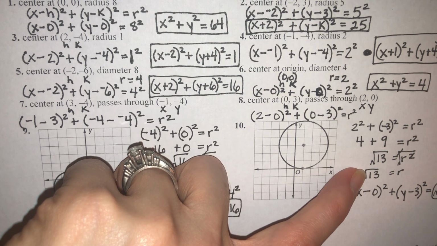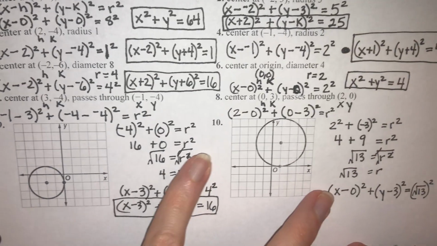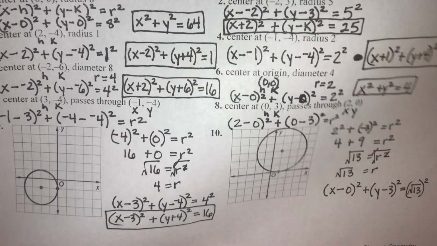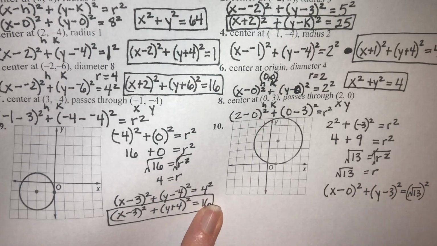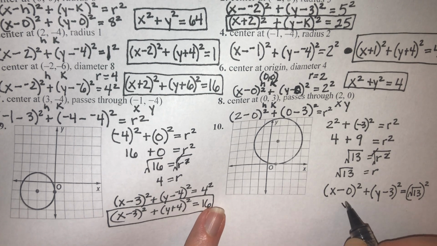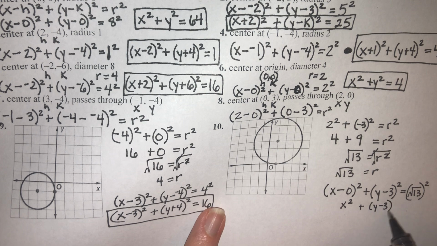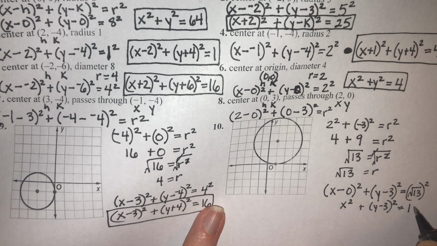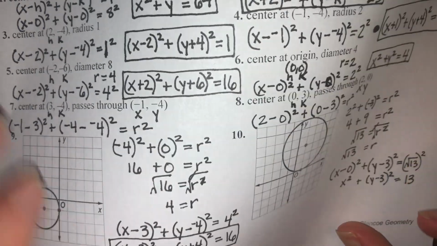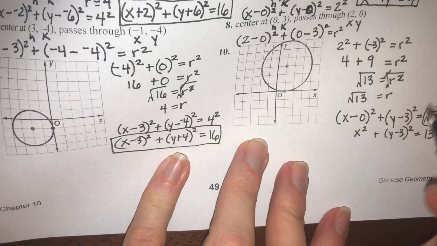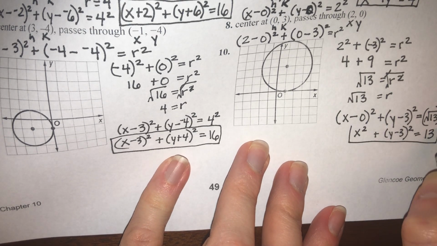And I'm going to put that in parentheses and square it. Now we simplify. X squared plus y minus 3 squared equals, what happens when I square that square root? Those undo each other, so it's just equal to 13. So that helps so that we don't actually have to have a decimal. That's the answer to number 8.